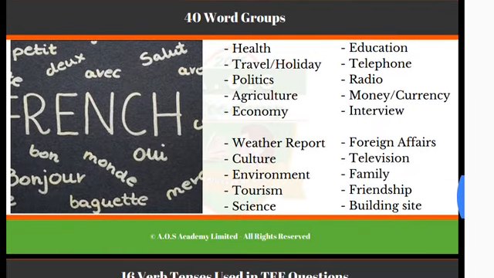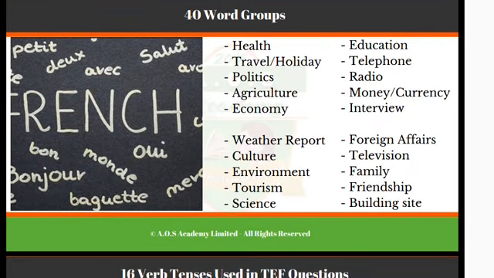Now, furthermore, we have health, travel or holiday, politics, agriculture, economy, education, telephone, radio, money or currency, interview, weather report, culture, environment, tourism, science, foreign affairs, television, family, friendship, building sites.